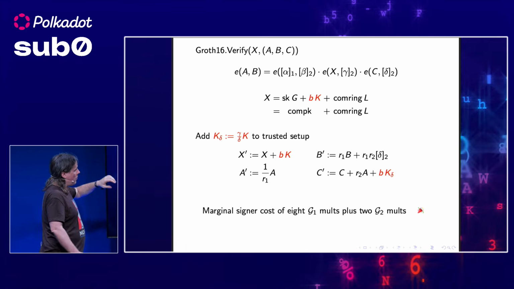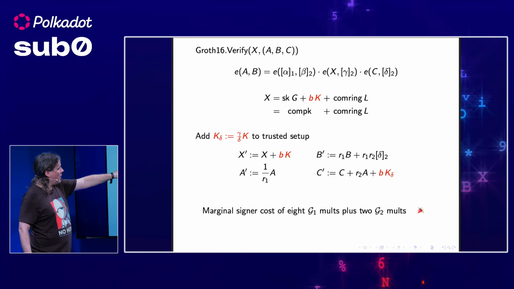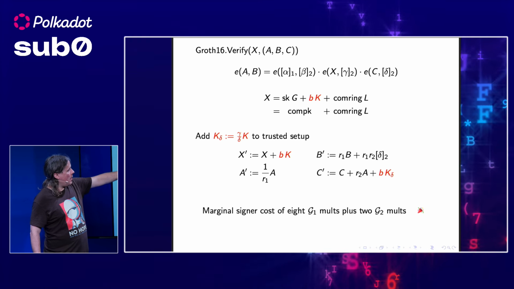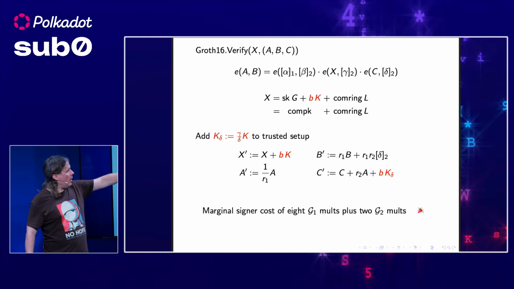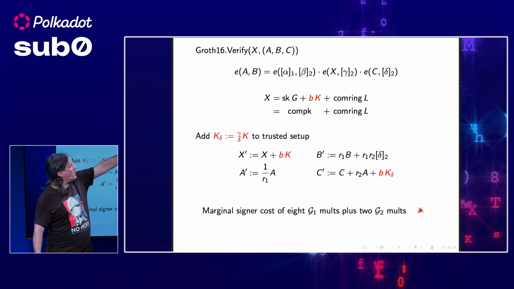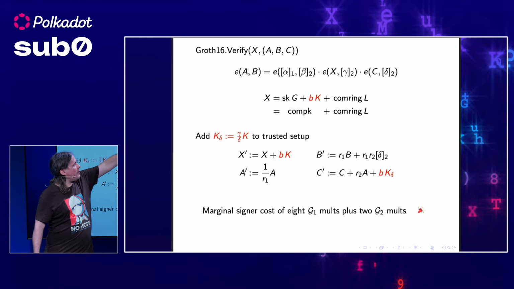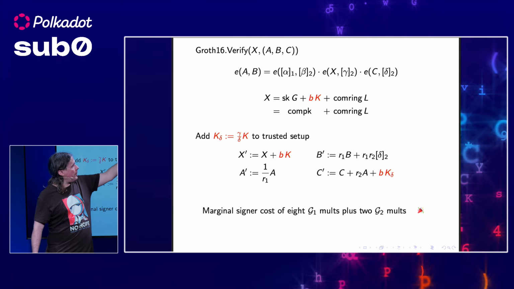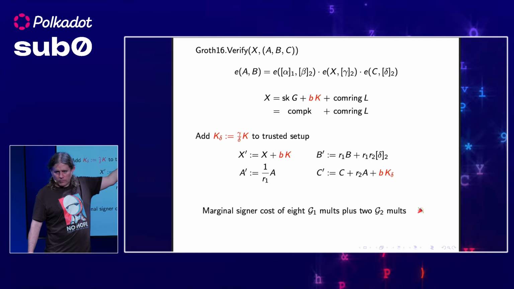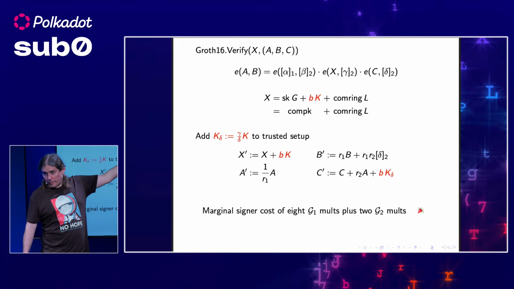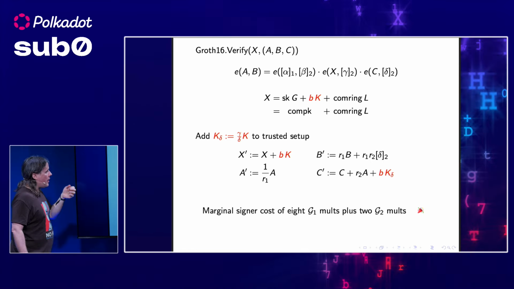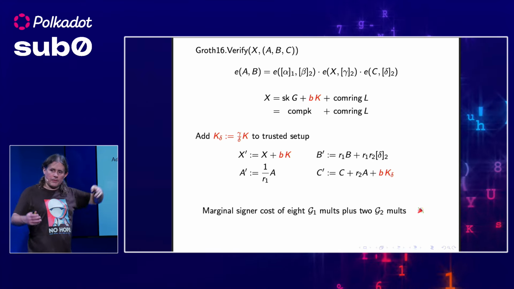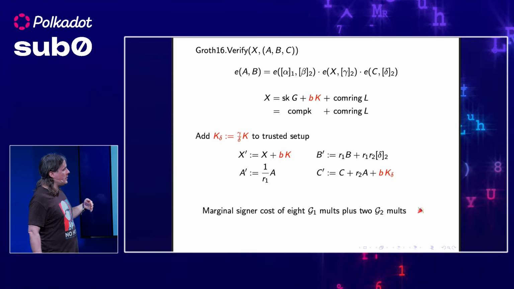So what the trusted setup will be is we introduce some K and a related point to it, and then the K you can just add in as if it was another element of the trusted setup, and then group it with the stuff that you wanted to keep secret to make your Pedersen commitment that we needed on the previous slide. And then, because this K is not really a piece of the Groth16, it's still a piece of the full trusted setup, but it's not a piece of the Groth16 trusted setup.